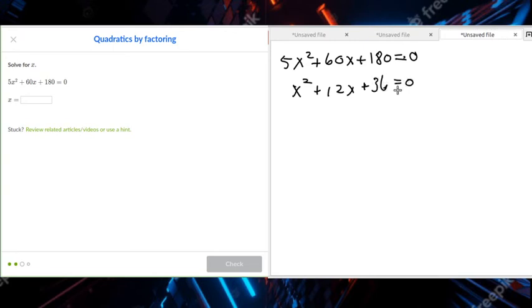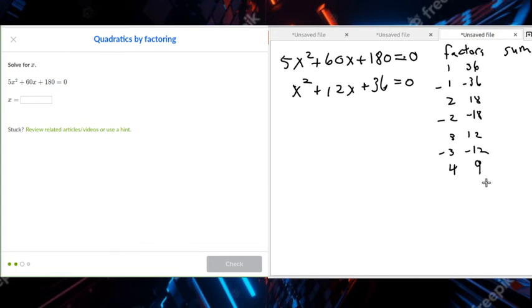36 equal to 0. So I want the factors of 36, and my sum needs to be 12. So let's see, 1 and 36, negative 1, negative 36, 2 and 18, negative 2, negative 18, 3 and 12, negative 3 and negative 12, 4 and 9, negative 4 and negative 9, 6 and 6, negative 6 and negative 6.